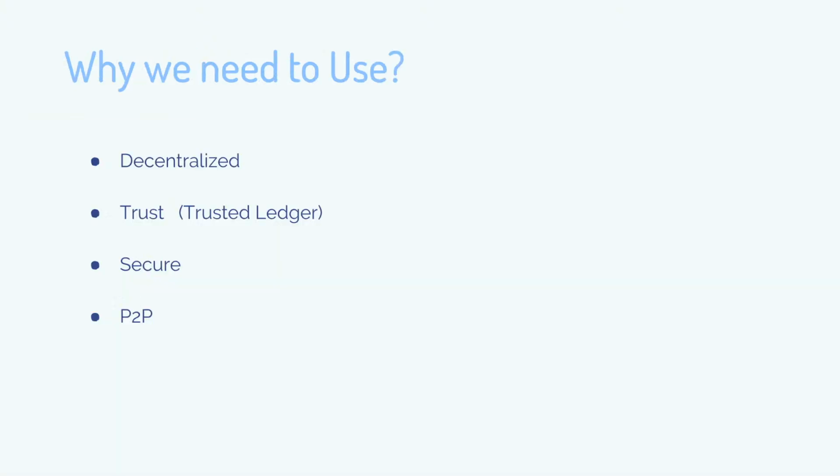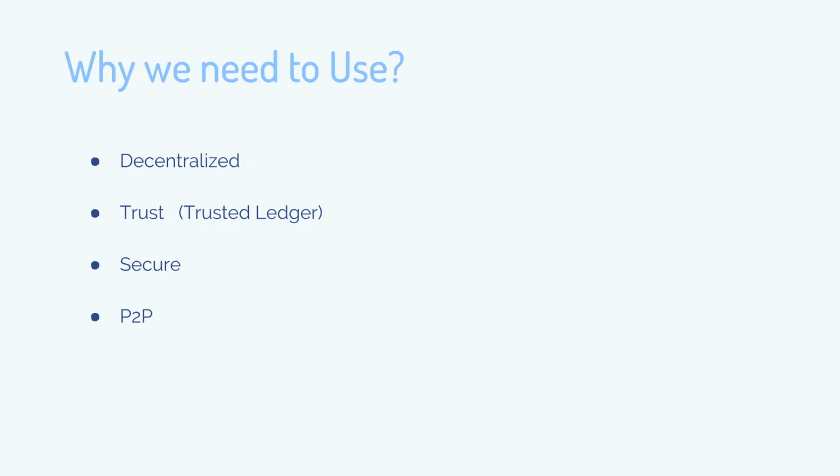So why do we need to use decentralized? We discussed the community and the ledger, and that is decentralized. If you are using a decentralized network, it is a trusted one. Why is it trusted? If any person tries to change the transferring details, we can't change them, because everybody has those details.